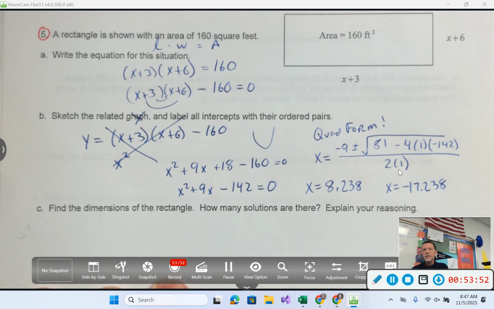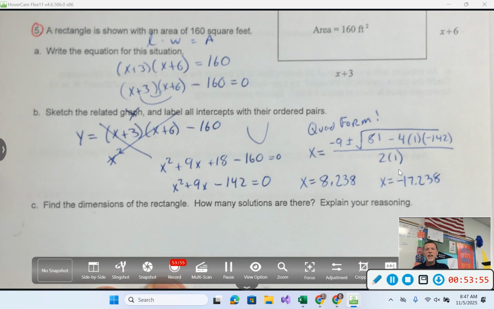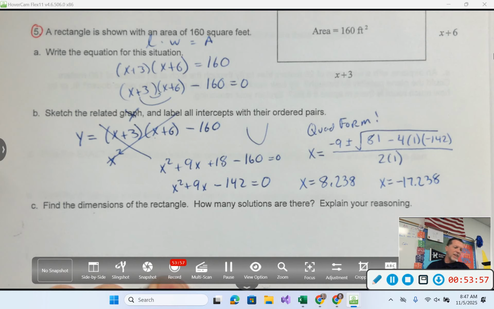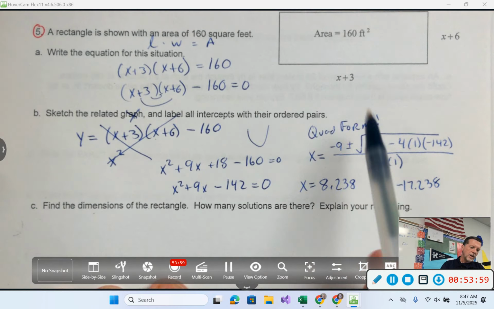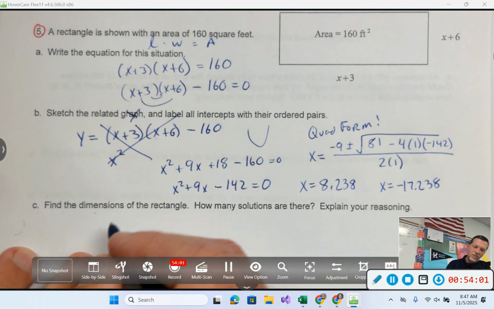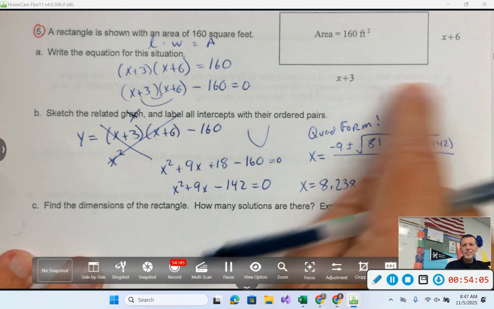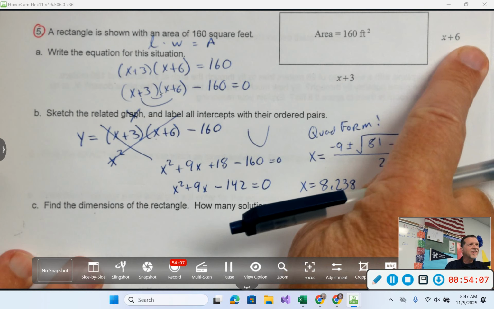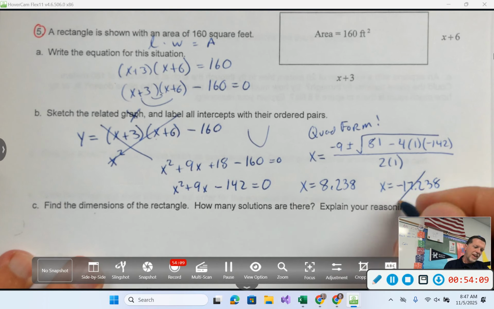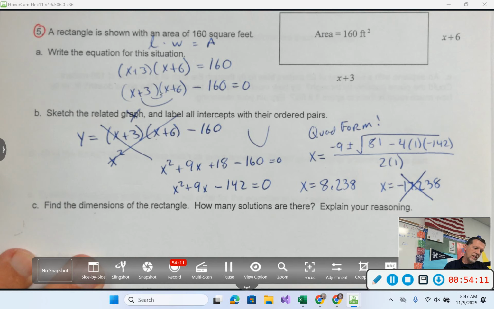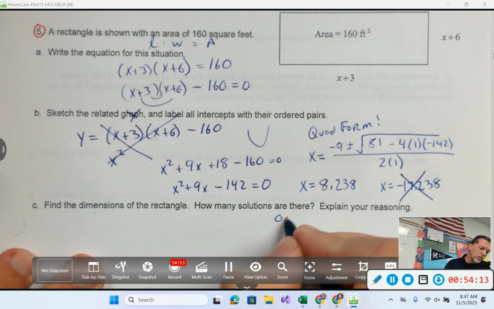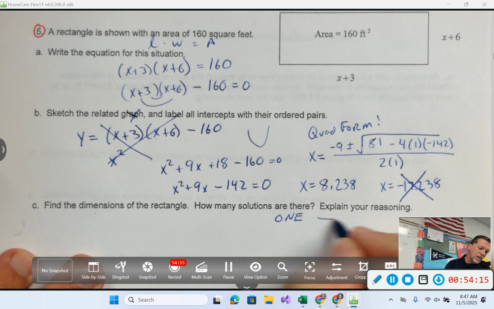But one of them is negative. And the fact that the x is negative isn't a problem. But when it says find the dimensions, if I do negative 17 plus 3, negative 17 plus 6, that's not... I can throw that one out. How many solutions are there? There is one solution.